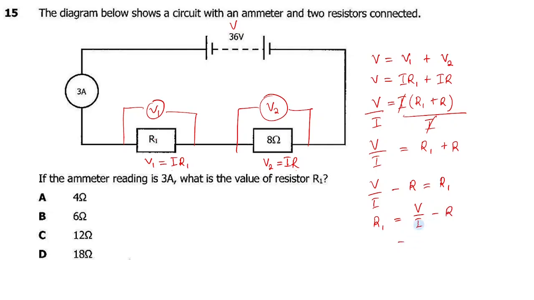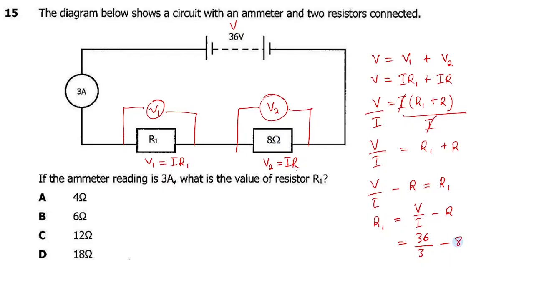Then we'll just substitute: V is this one here, 36, over current. We were told the current passing here is 3 amps, so 3, then minus this resistor here, 8.